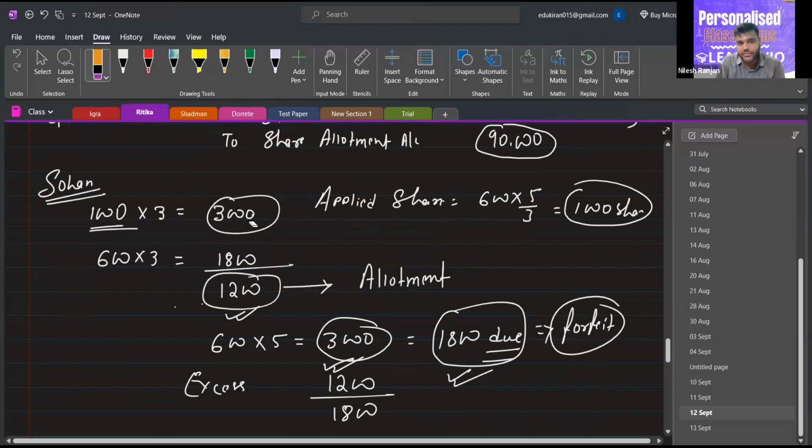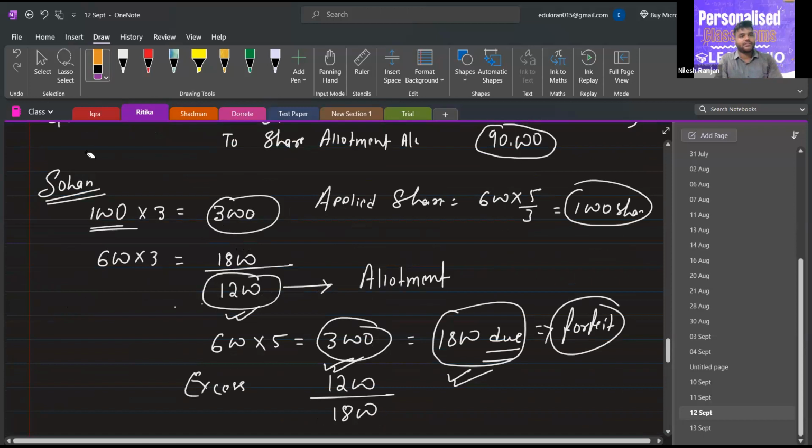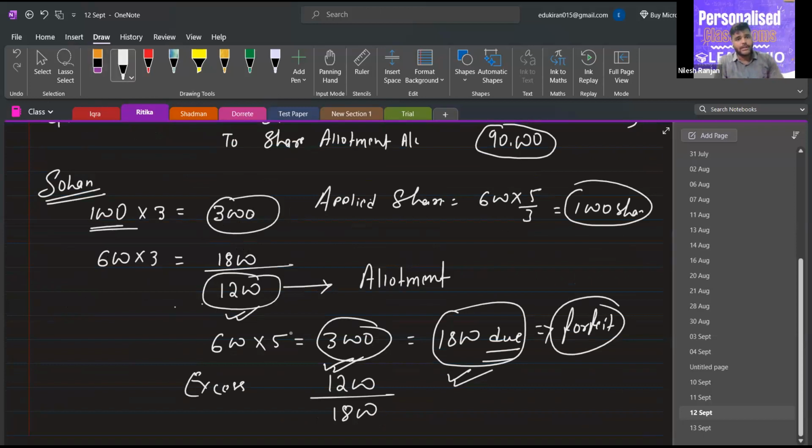And they have paid 3,000 on application. We have utilized only 1,800 on application. So 1,200 is utilized on allotment. And the total amount he has to pay was 3,000, along with premium. So premium is 1,200 in this. So the excess money we have adjusted against premium.